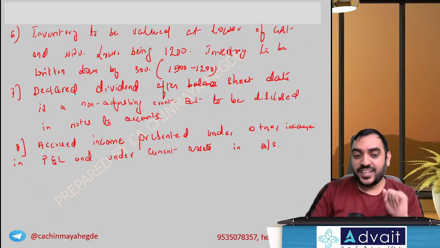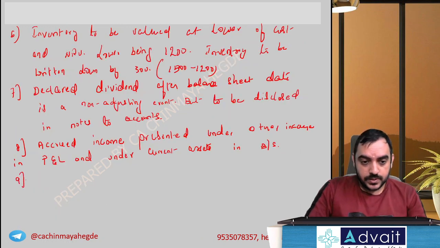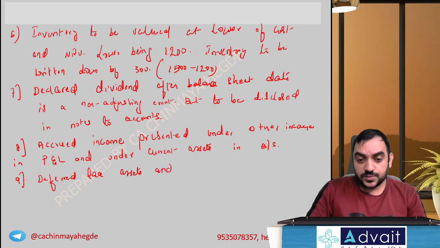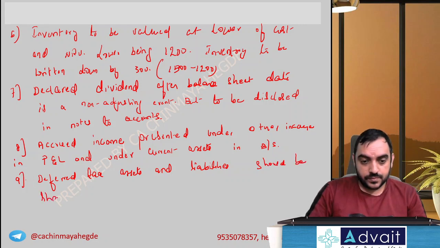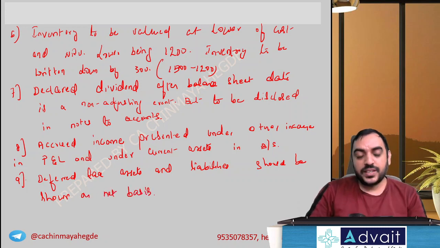So that should be shown on net basis. Deferred tax assets and liabilities should be shown on net basis.